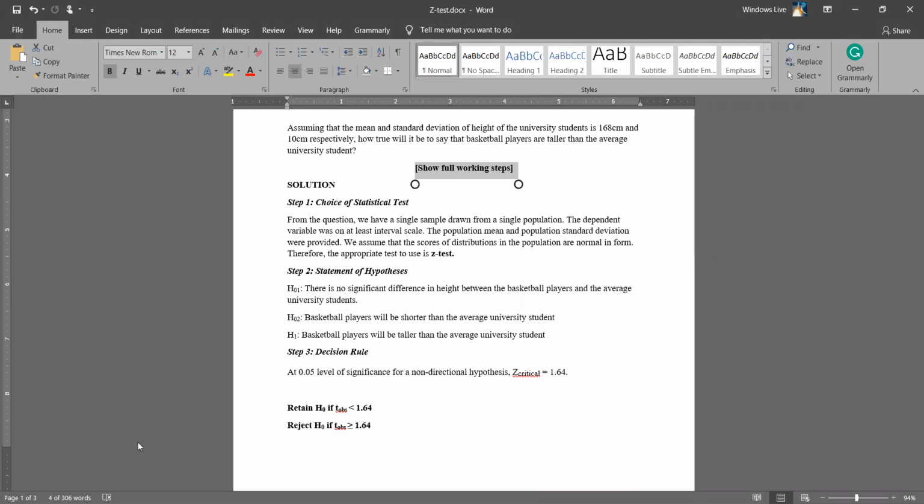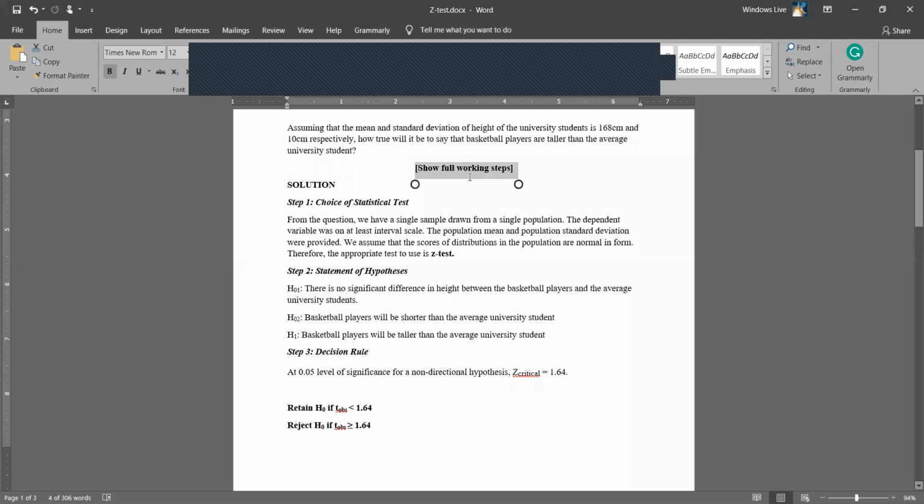Okay, so let's jump to decision rule, which is the third step. Under decision rule, we are supposed to state a critical value.